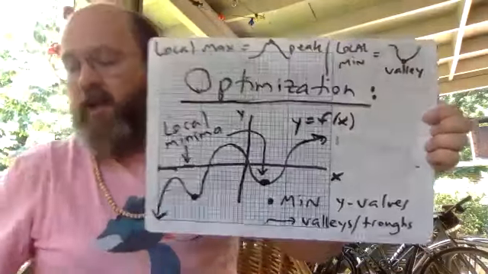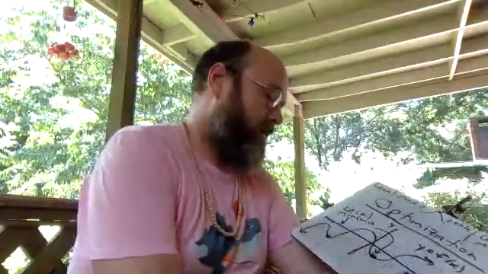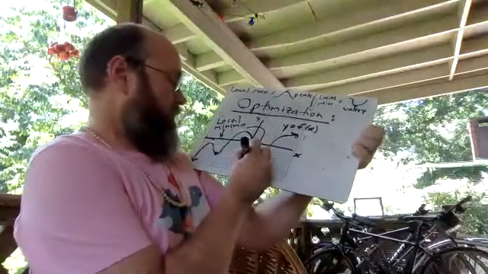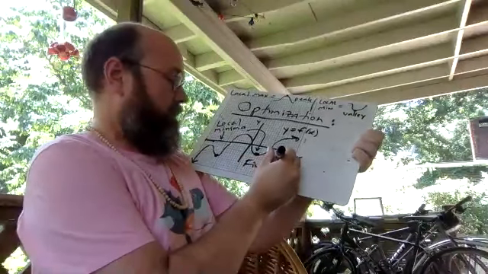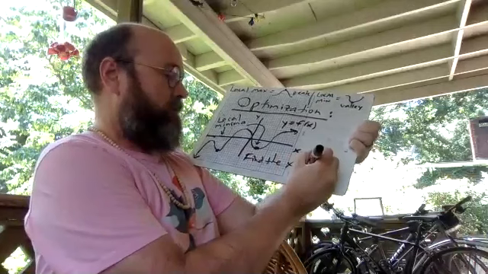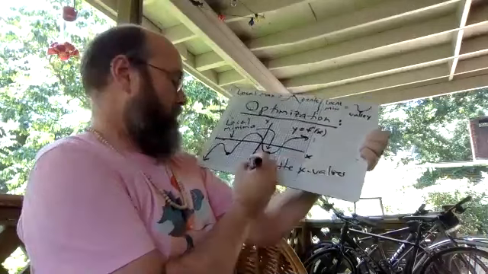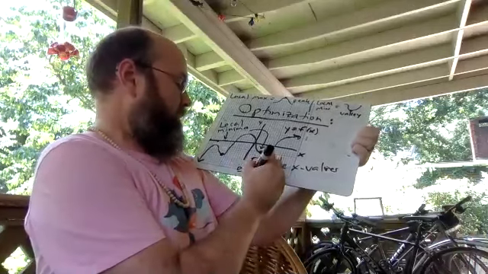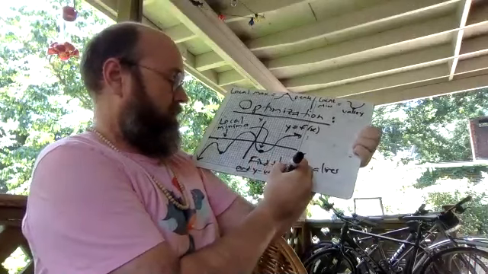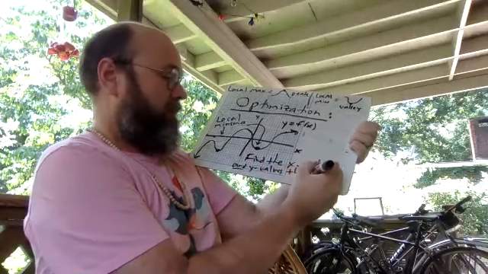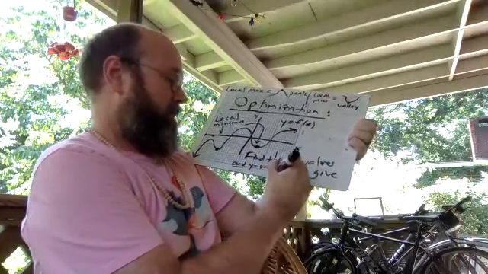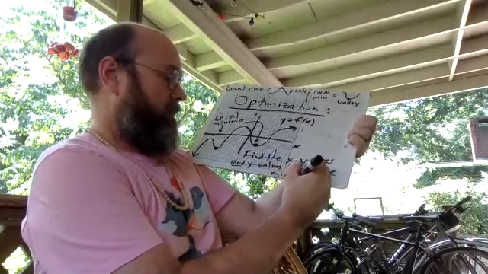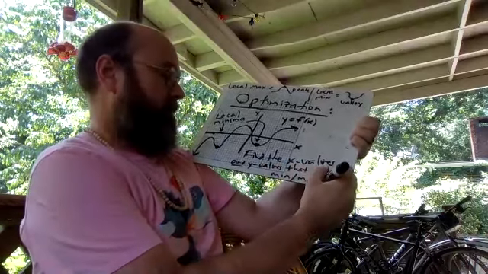So what does this have to do with optimization? Find the x values and the corresponding y values that give minimum or maximum values on the graph.